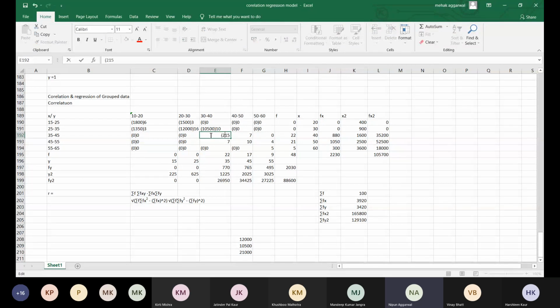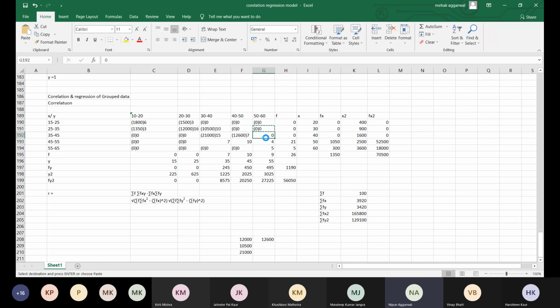So this value comes out to be 21,000. Now for this is 40 into 45. So which will be equal to 40 into 45 into 7. So 12,600. Any doubt? Ask at that moment only.